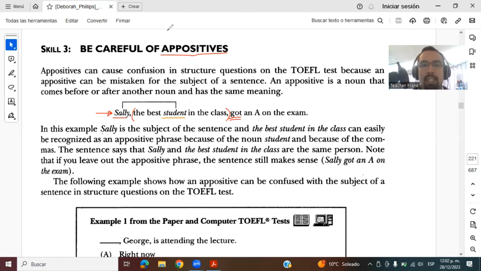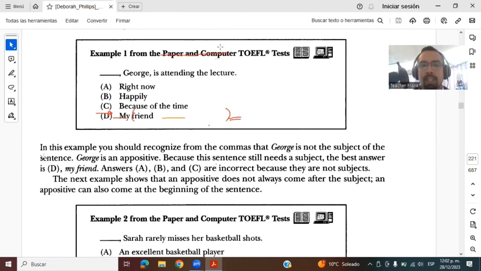So let's look at another example. It says George is attending the lecture, but notice the commas, right? So if we have something in between commas, we know that it is not a subject. We could say, well, George is attending the lecture. That's my sentence.